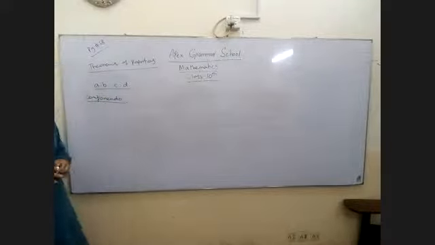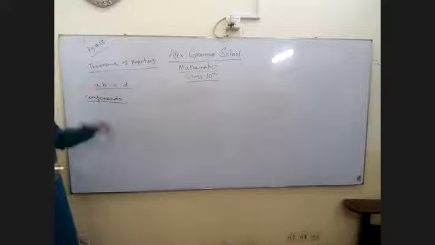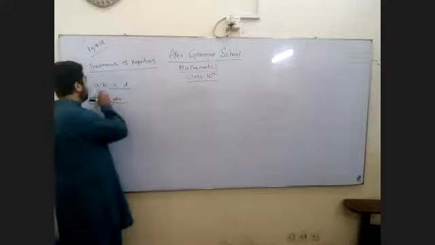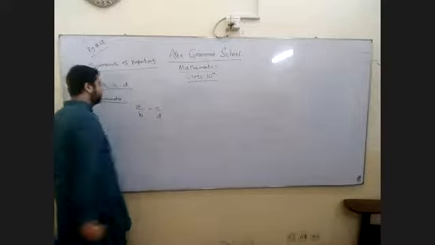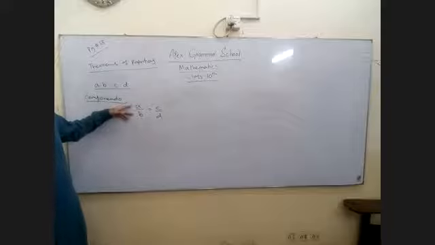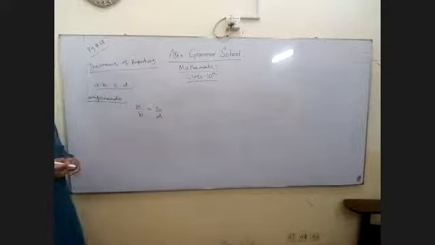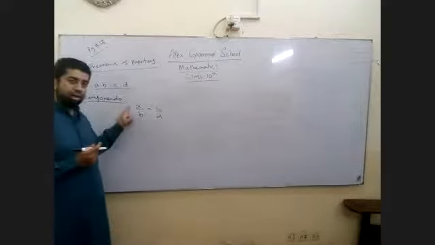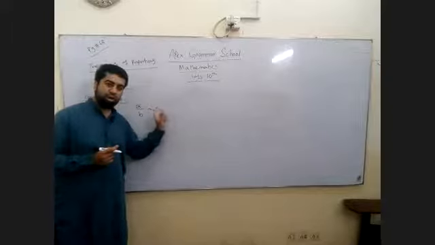Componendo theorem is simply this, about addition. Like A ratio B proportion to C ratio D, we can write it as A over B is equal to C over D. Now, if we are going to change the numerator, then that change must also apply to the right-hand side numerator.